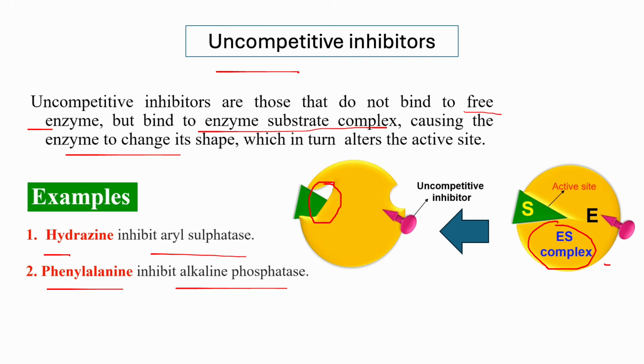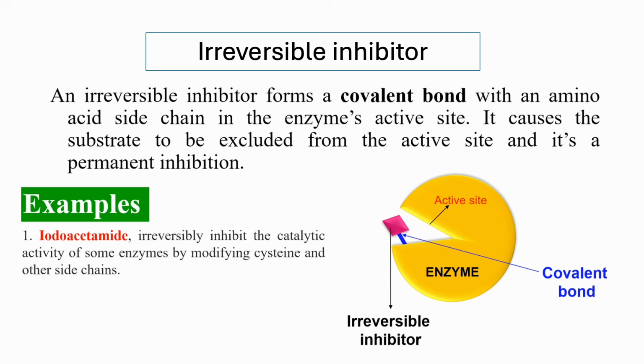So what's the basic difference between non-competitive and uncompetitive? Non-competitive binds the allosteric site and attacks the enzyme. But uncompetitive binds with the enzyme-substrate complex. Let's talk about the irreversible inhibitor. What is an irreversible inhibitor?